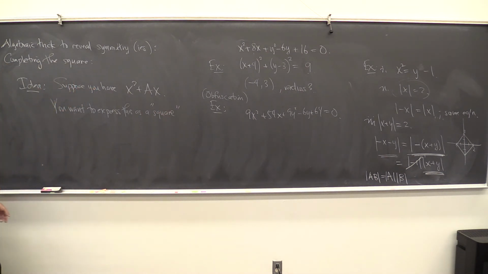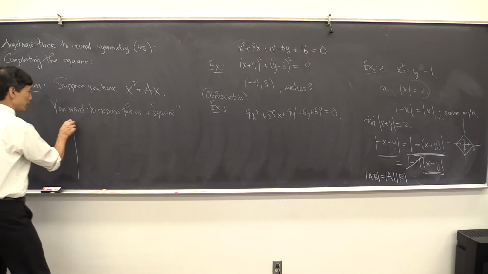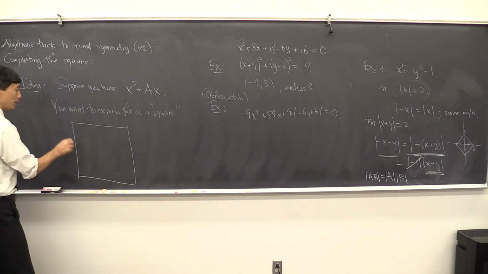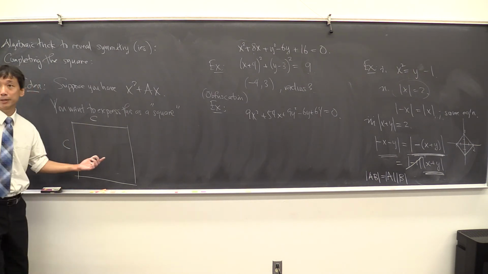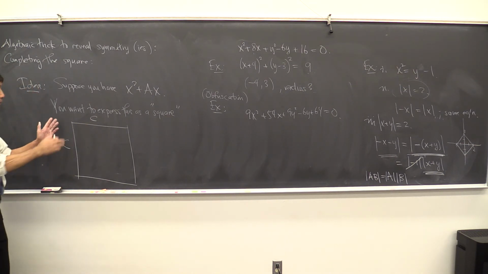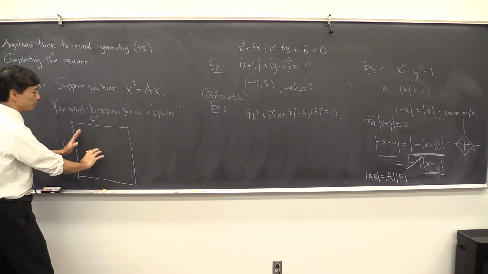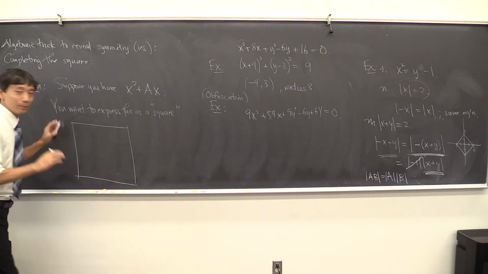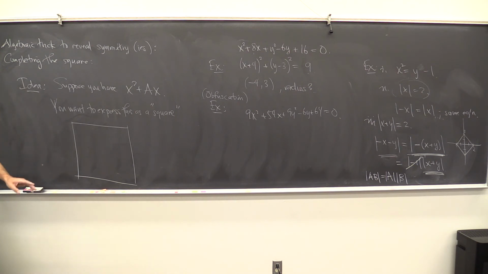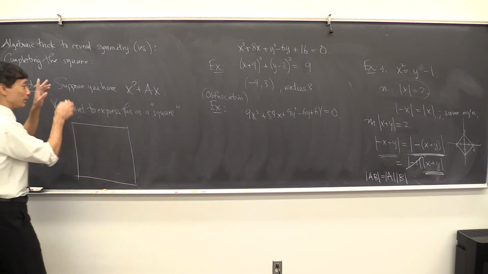What I mean by that is that you would like to express it as something where you've got something up here and something up here, and x squared plus ax should be somewhere here. So let me show you what I'm talking about. Here's the idea.